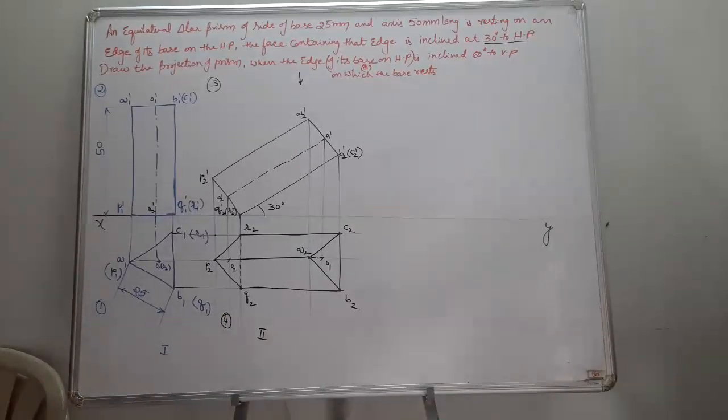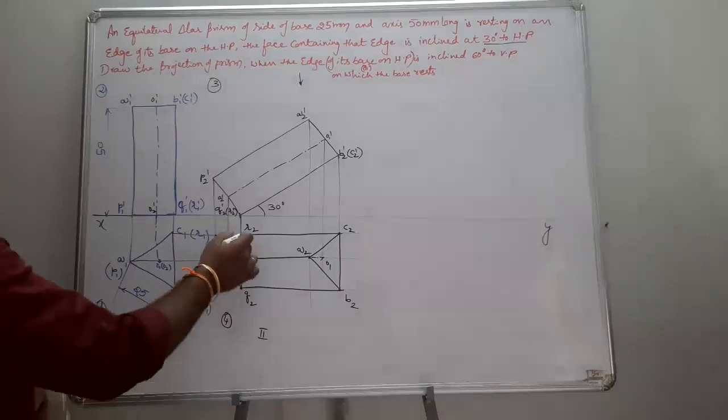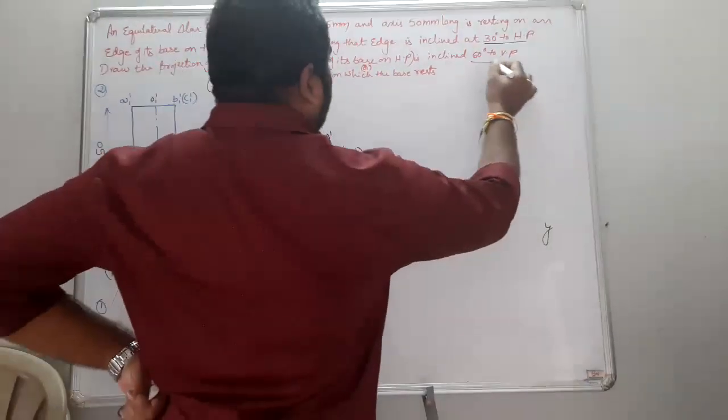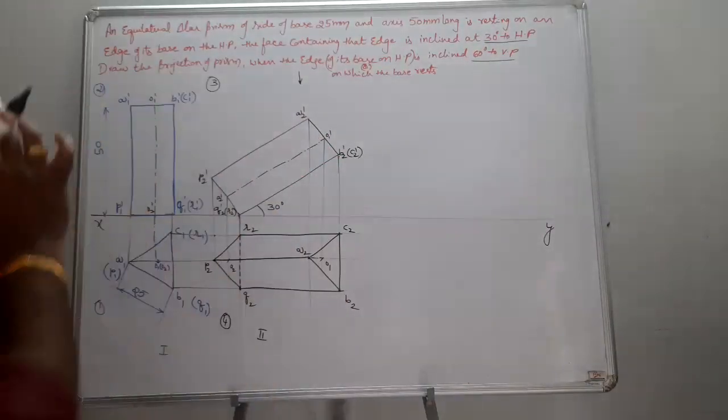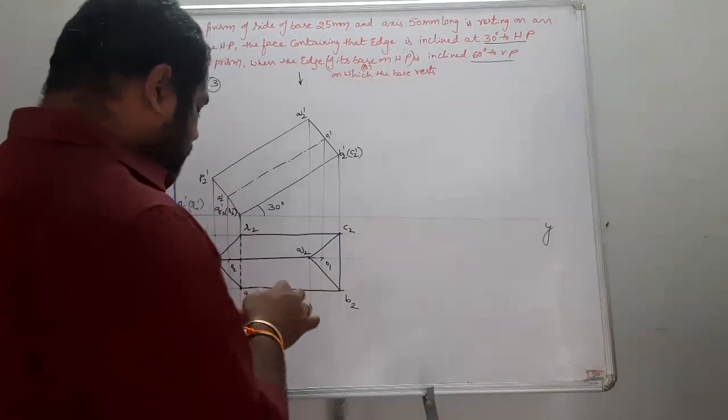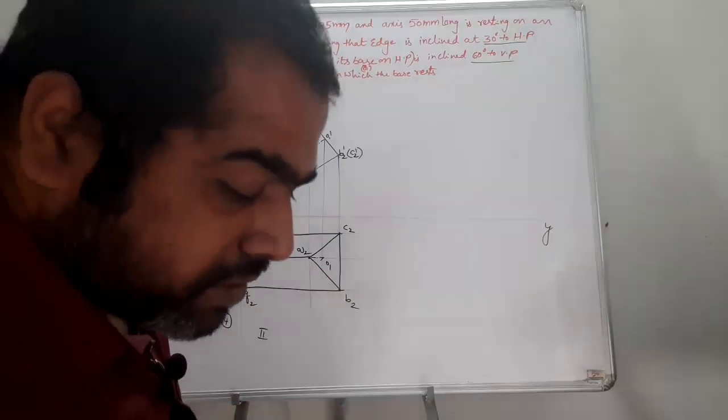Next one is the edge which is resting on the ground, that is nothing but your R2 Q2, is to be tilted for the given inclination of 60 degrees to the VP. So draw a line of 60 degrees such that RQ is going to be on the line.